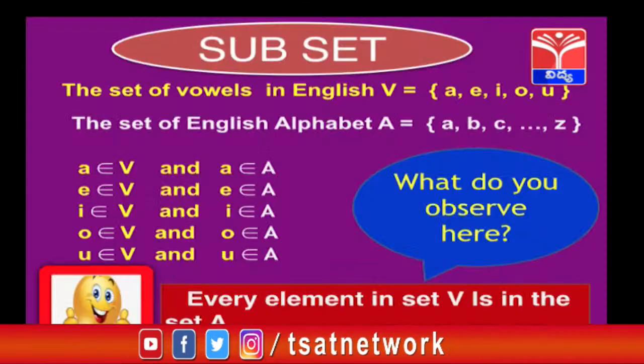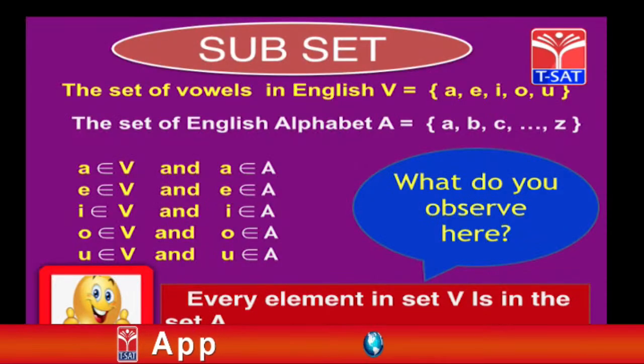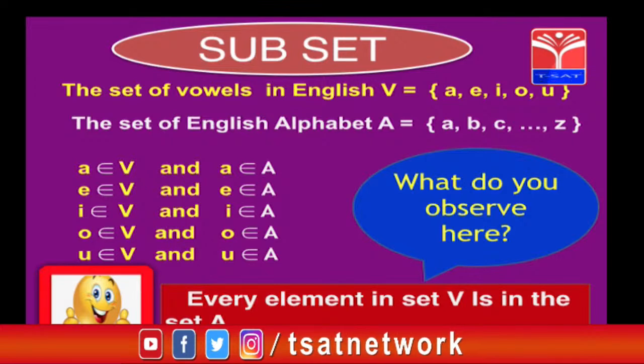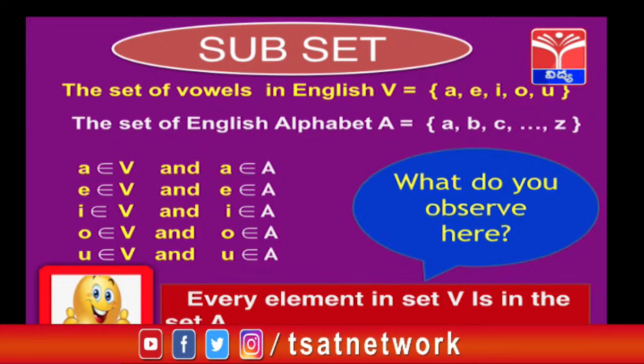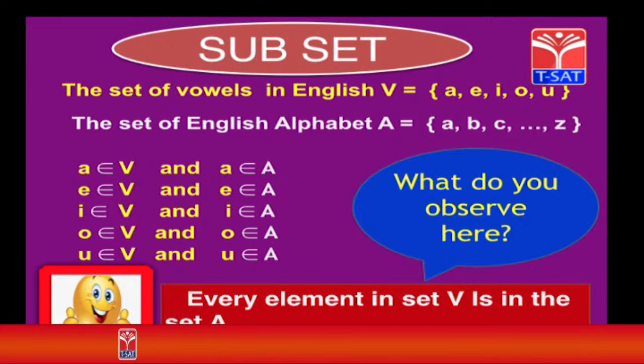Now, let us see the set of vowels in English. V is equal to A, E, I, O, U, as I have defined. The set of the English alphabet, A is equal to A, B, C and so on up to Z. Here you see element a belongs to V and a belongs to A. I am comparing both sets.